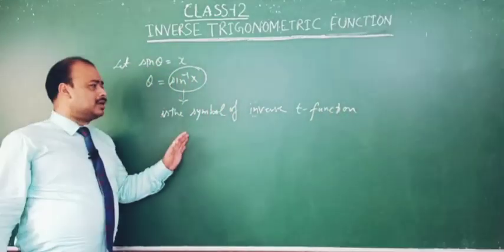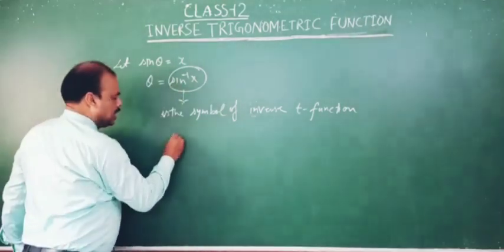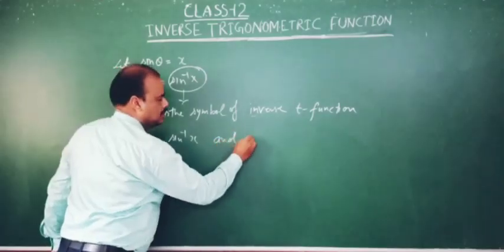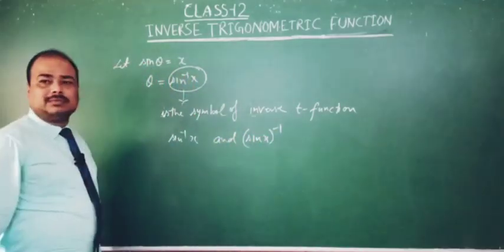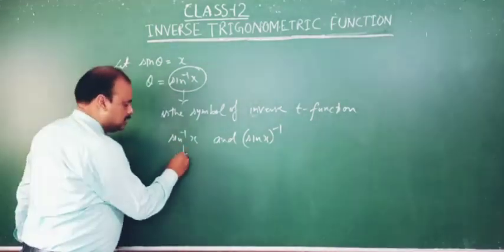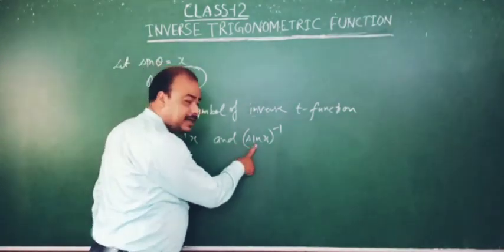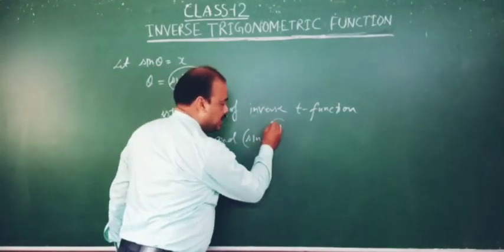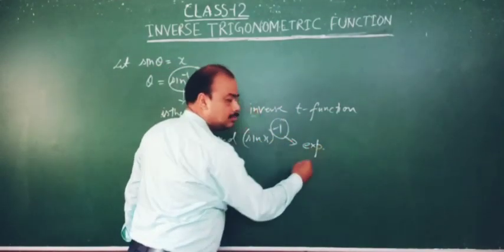Students, you should not get confused. This sin inverse x and sin x to the power -1 are not the same. One is the inverse trigonometric function and the other is sin x to the power -1, where -1 is an exponent.